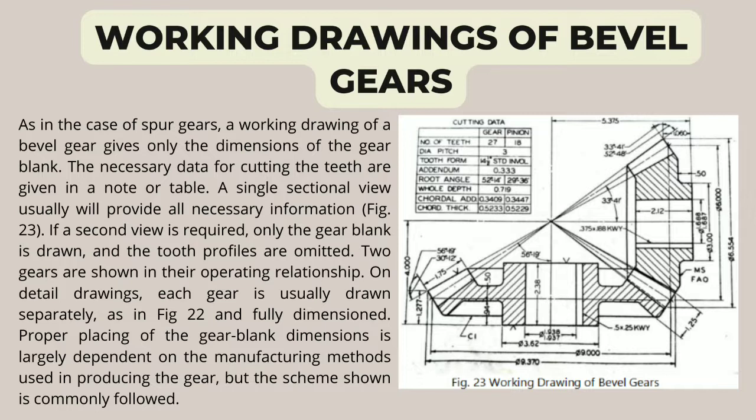Two gears are shown in their operating relationship. On detailed drawings, each gear is usually drawn separately, as in Figure 22, and fully dimensioned. Proper placing of the gear blank dimensions is largely dependent on the manufacturing methods used in producing the gear, but the scheme shown is commonly followed.